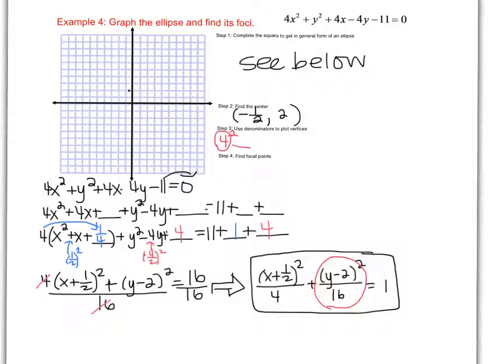So what that tells me is I'm going to go 4 in either direction in the y direction. That'll be my major axis. And then in the x direction, I'll use my denominator of 4, which is 2 squared, meaning I'm going to go 2 in the x direction in both directions from my center.